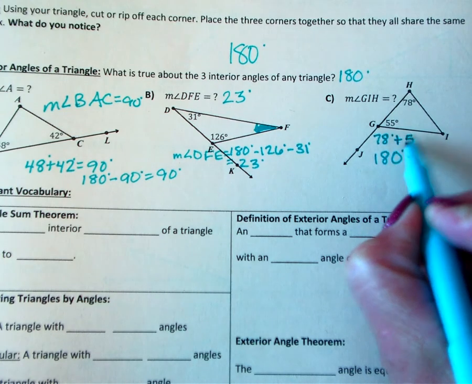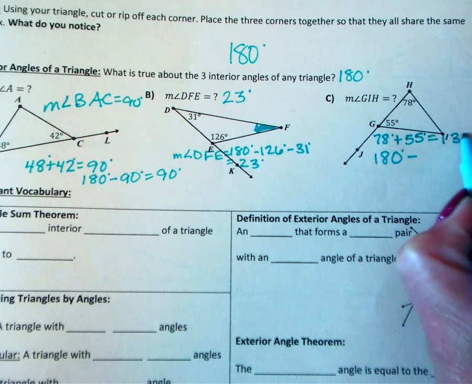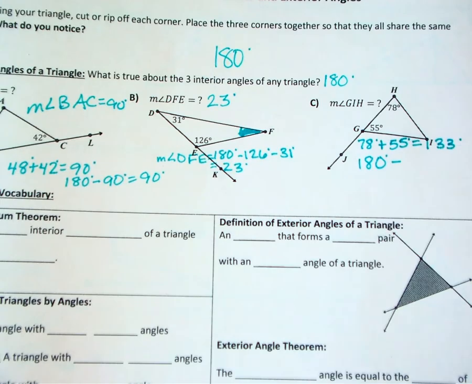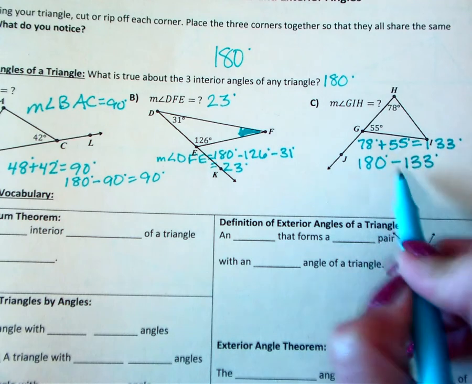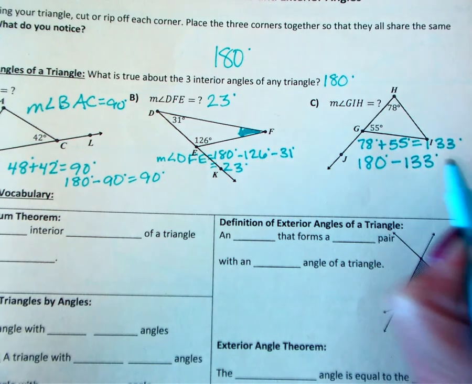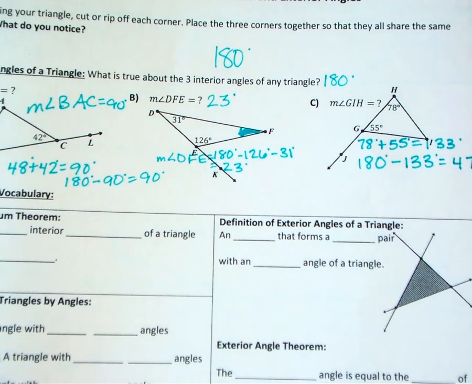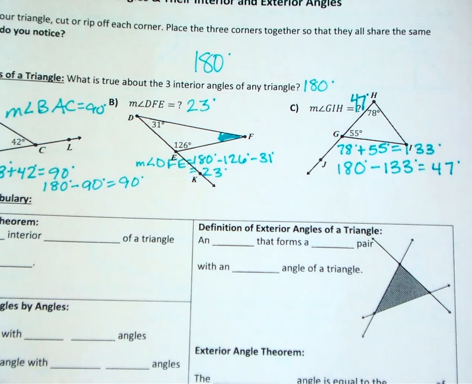So I'm going to add 78 and 55 degrees and get 133 degrees. It's just easier for me to subtract one number, 133 degrees, than to subtract 78 and then subtract 55. So we get 47 degrees. So my answer up here, I can fill in 47 degrees.